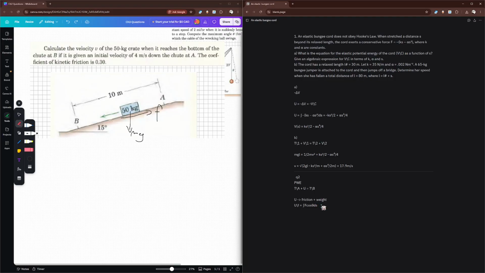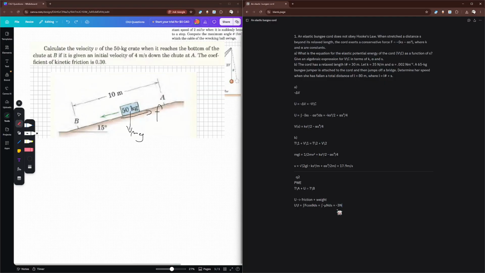We need to also solve for N, but we'll do that after. So this is equal to the integral of negative mu N ds. Mu and N are constants. So now we know that delta s is 10, so we can just call this negative 10. Mu is 0.3, so we can call it 3. Negative 3N. That is what we need here.